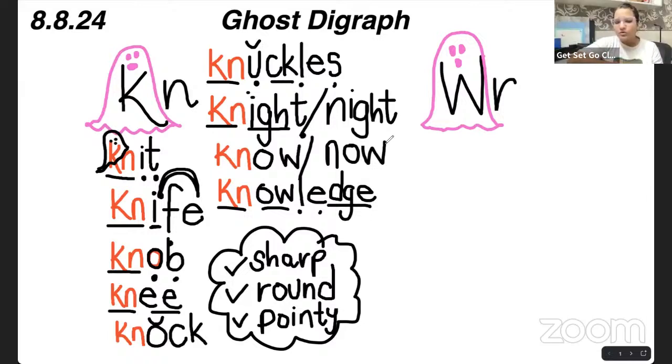Know and now. Okay. All right. So then for new, if you put S in the end, it will be news. It will be news and news. So K also helps us in changing the meaning of the words. And it also has something to do with sharp, round, and pointy things.